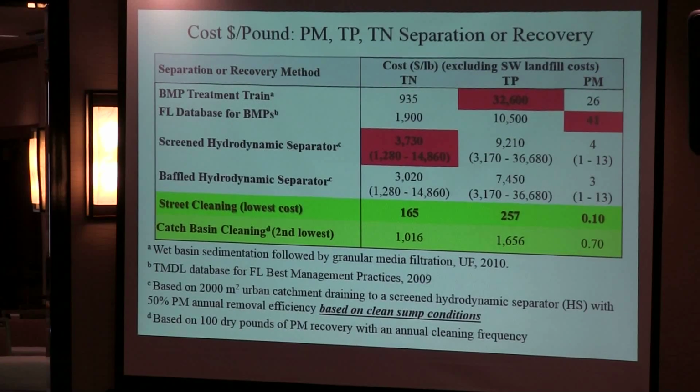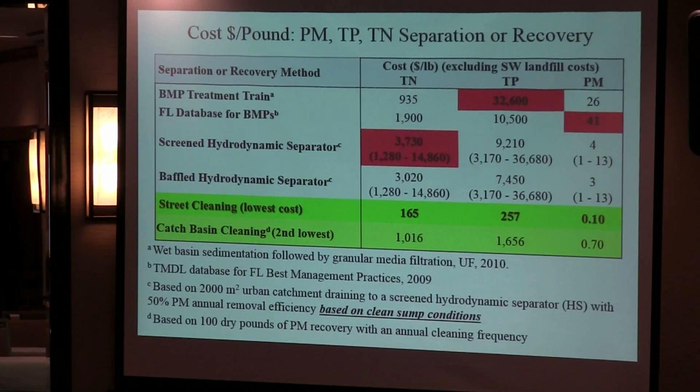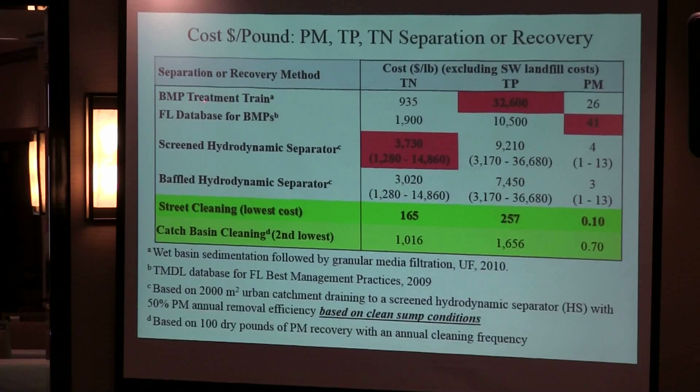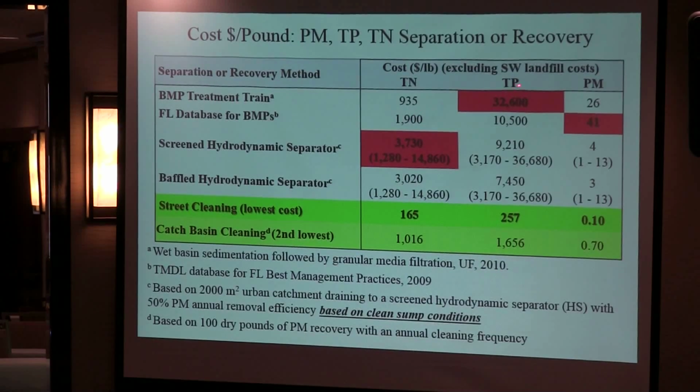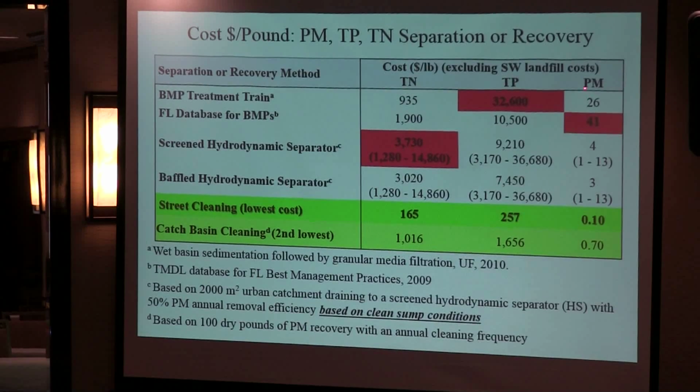So to sum up these results, if you look at different treatment or maintenance practices, best management practice treatment trains, if you want to pick up a pound of total phosphorus, it's going to cost you about $32,000 per pound of total phosphorus. If I go to total nitrogen, if I use a screened hydrodynamic separator, I'm looking at $3,700 per pound. Compare those to maintenance practices.